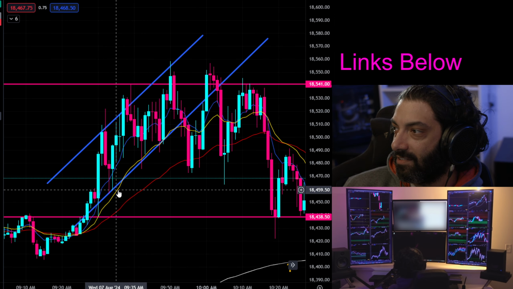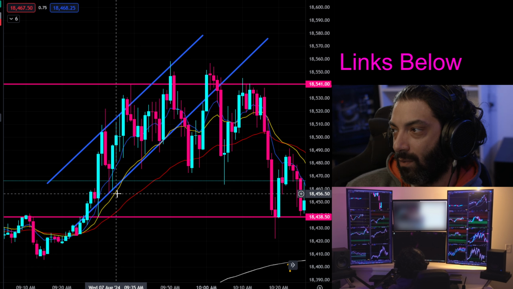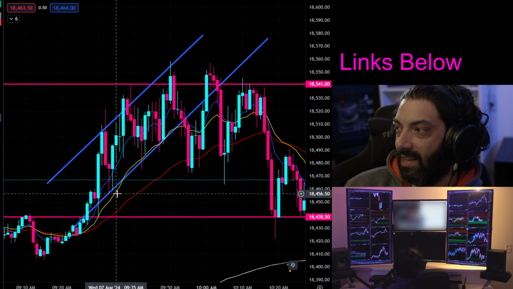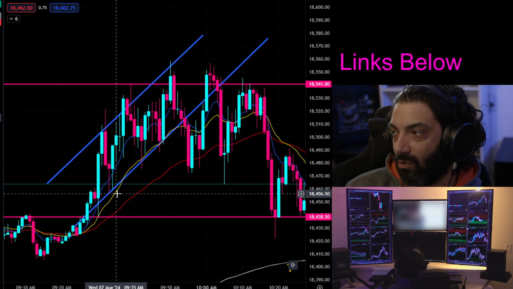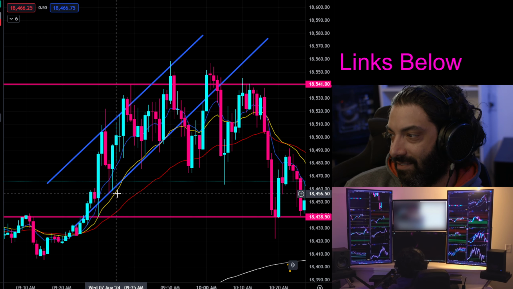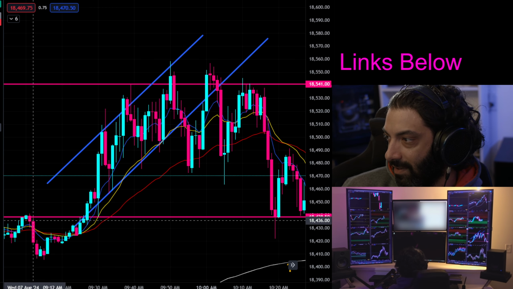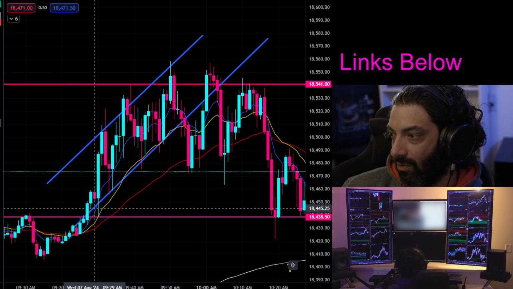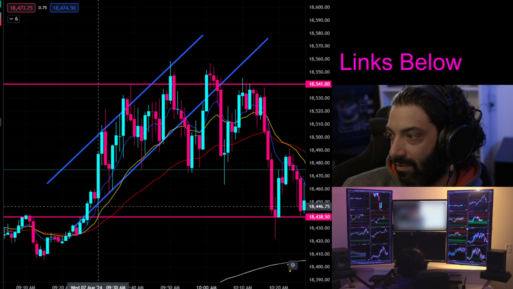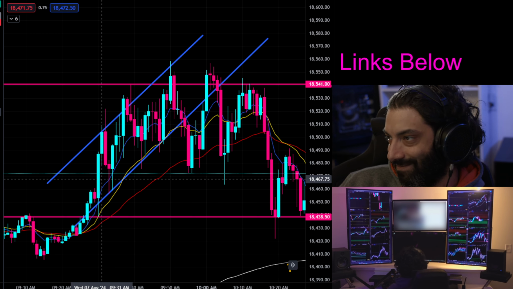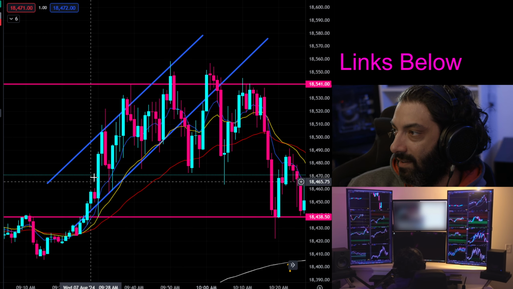But it doesn't bounce off the 21 moving average. It's kind of in between the 9 and the 21. It's very close to open, right? I didn't see a reason, unless I missed something. I did not see a reason to be very bullish on that trade. It just wasn't there for me.